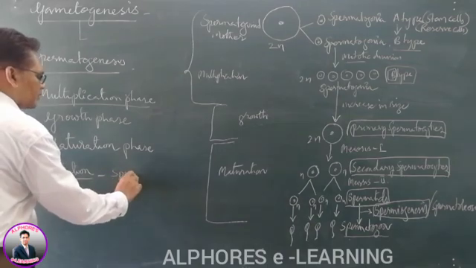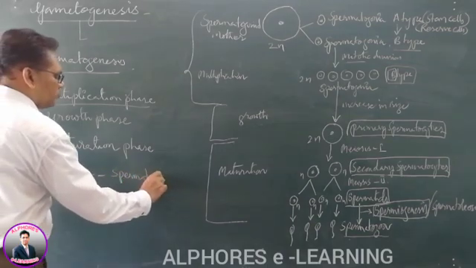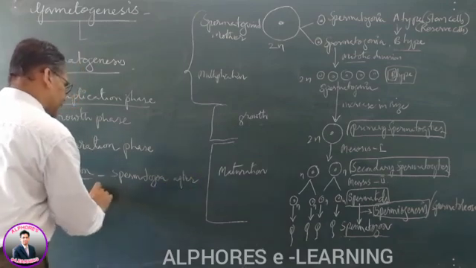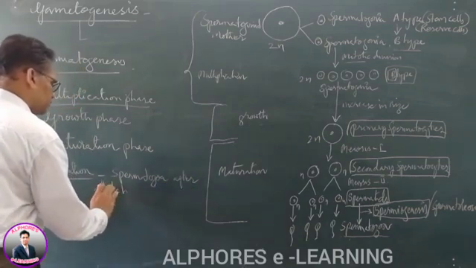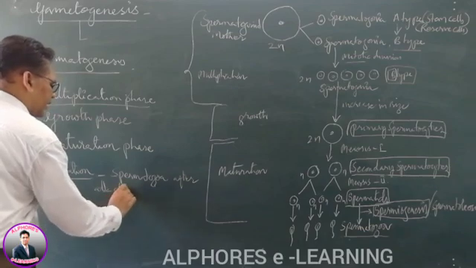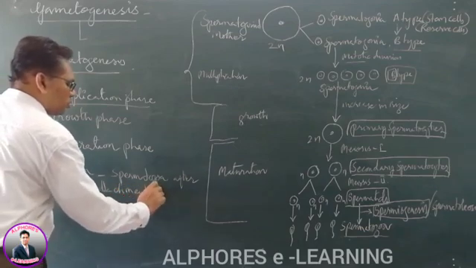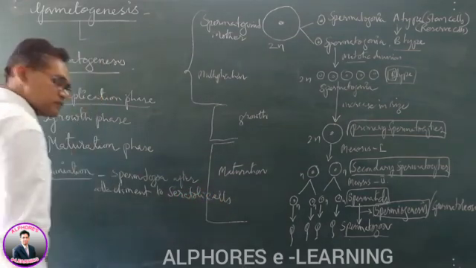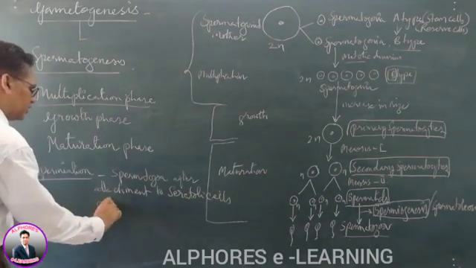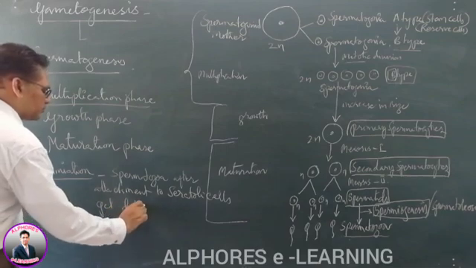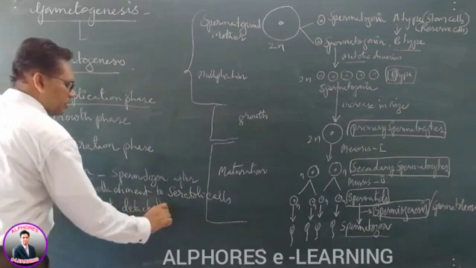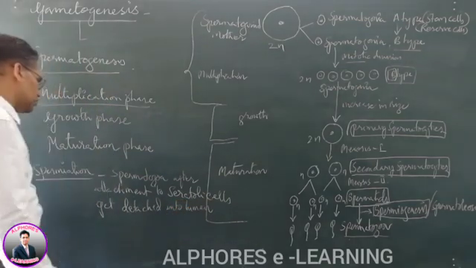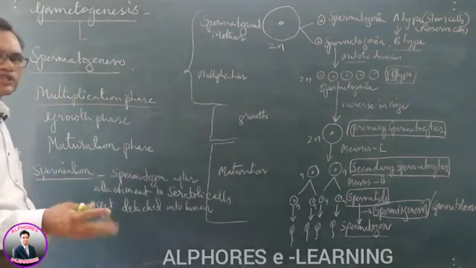Spermatozoa, after attachment to Sertoli cells, get detached into the lumen. This process is called spermiation.